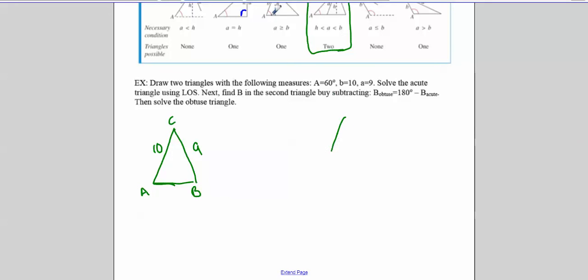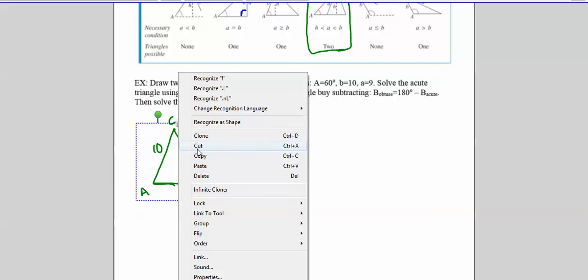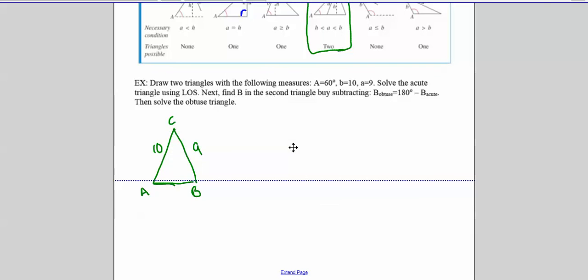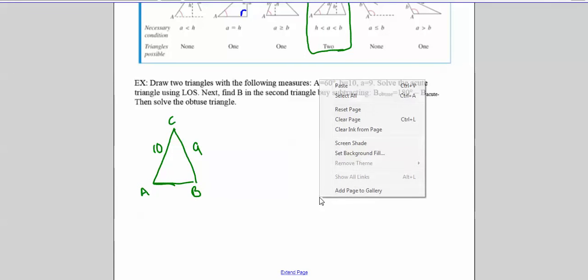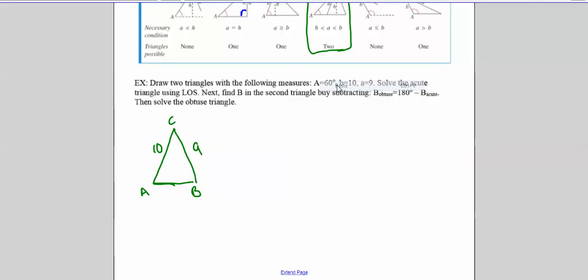Actually, let me see if I can copy that. Okay.